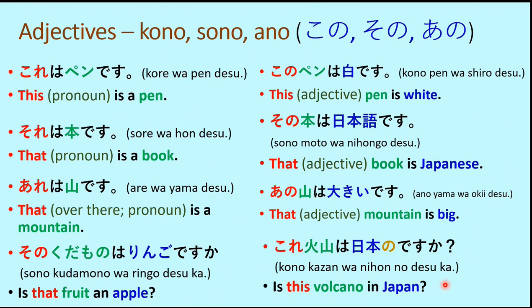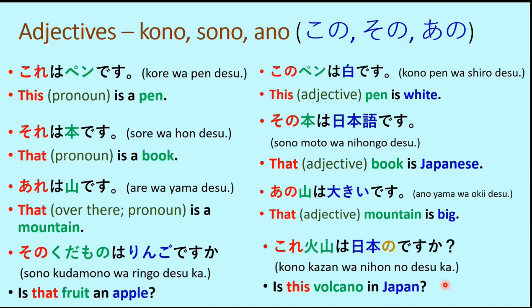So this is how kono, sono, and ano are used for this and that when they are used as adjectives. In English, we have this and that for both, but in Japanese, we have two different sets of words. One is kore, sore, and are for pronouns, and another set, kono, sono, and ano, for adjectives.